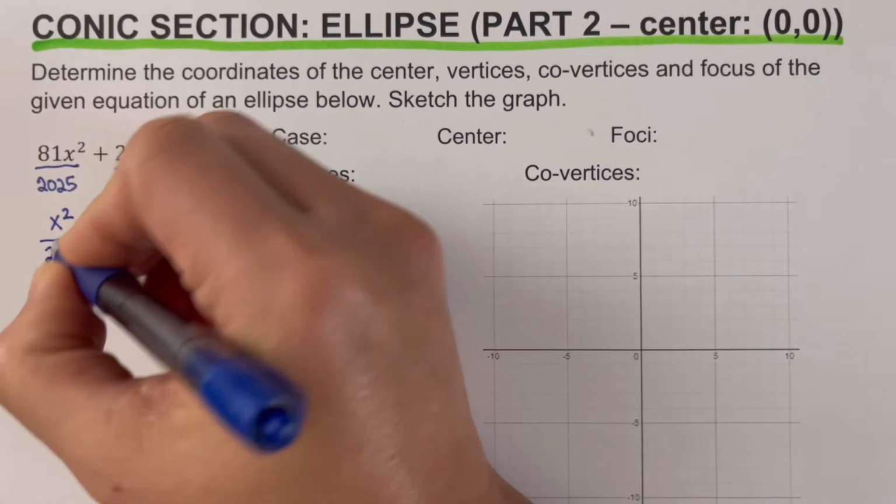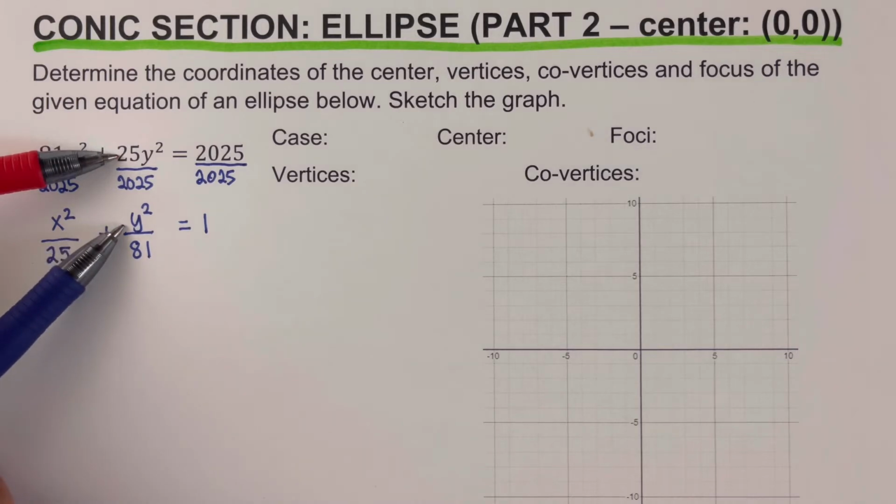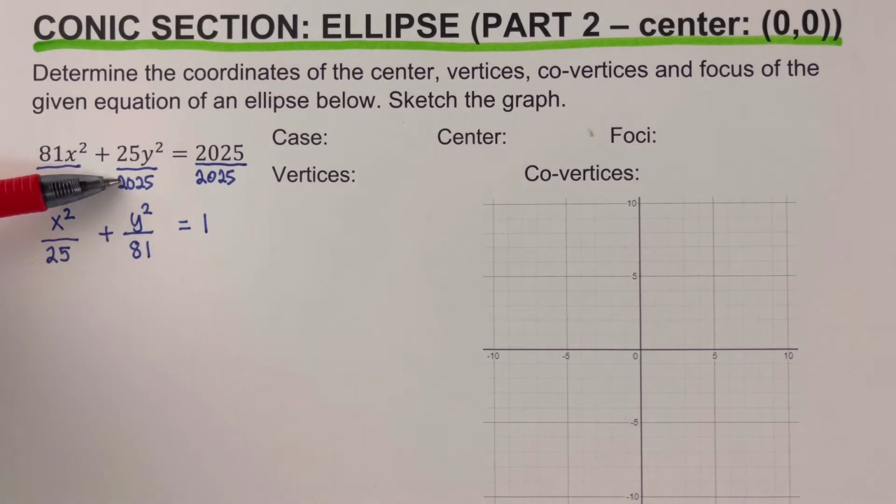So I will write 25 up here. What I did here was 81 divided by 81 is 1, and 2025 divided by 81 is 25. And in this case right here, 25 divided by 25 is 1, and then 2025 divided by 25 is 81. And that's how I got this value.